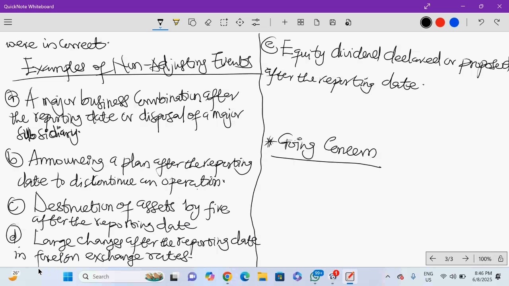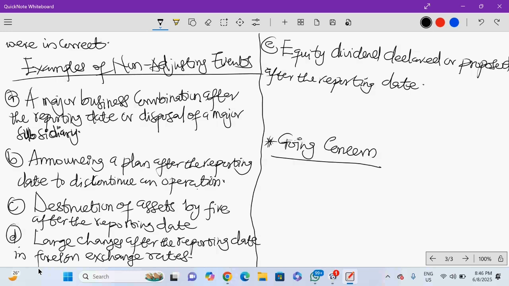IAS 10 states that there should be a change in the fundamental basis of accounting. The going concern is saying that the business will operate for the foreseeable future, so we have to change the basis.